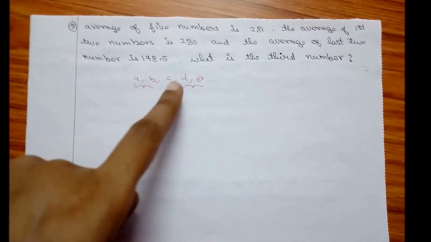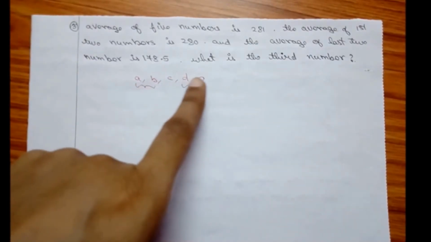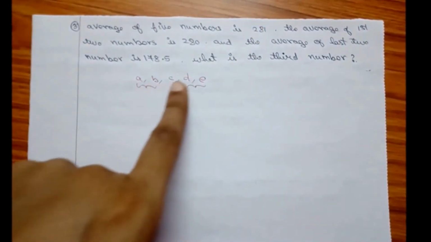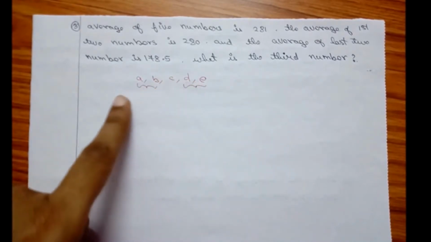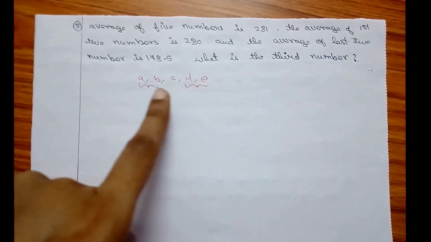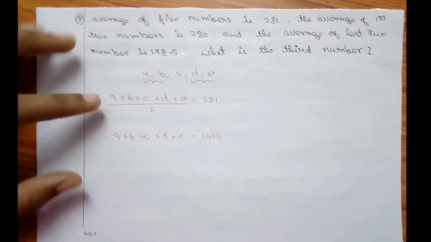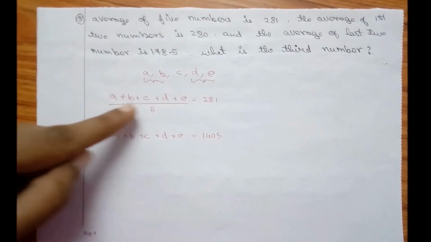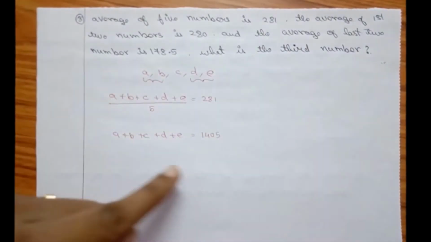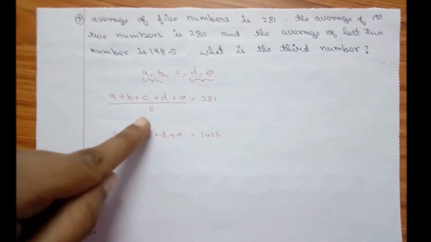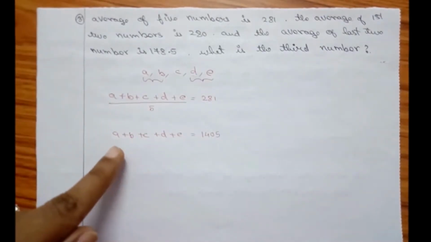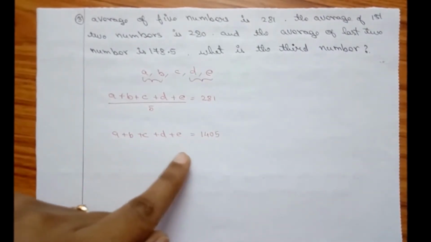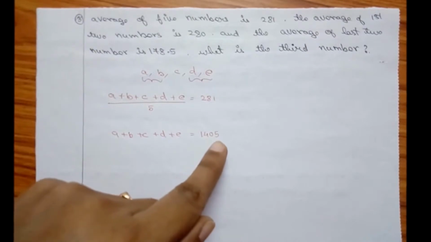If I multiply the average by the number of quantity, which is 5, I'll get the sum of these 5 numbers. So this is the first point: the average of the 5 numbers is 281. After cross multiplying by 5, I have got the sum of these 5 numbers as 1405.